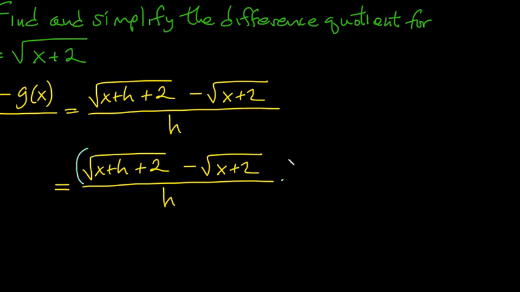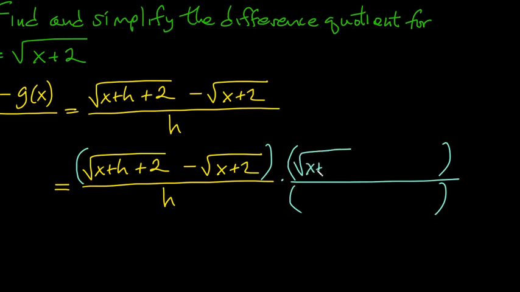So here's the trick. We're going to multiply numerator and denominator by the same thing. And that's going to be the square root of x plus h plus 2 plus the square root of x plus 2. Instead of the minus sign, we're going to use a plus sign. In other words, we're going to take the conjugate of the numerator.